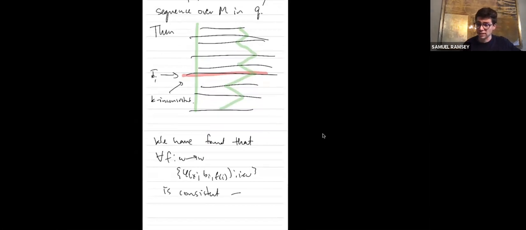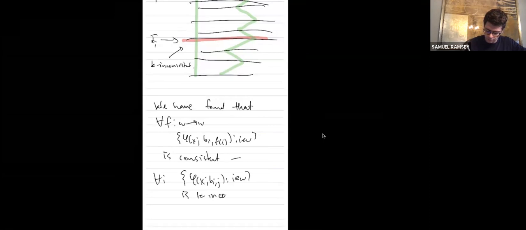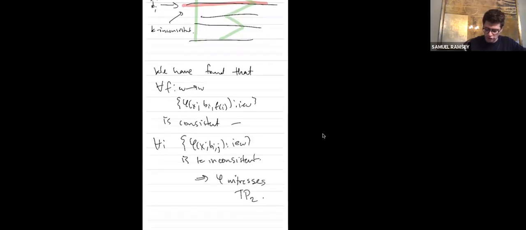That follows from the fact that the all zeros column is consistent because it's a Morley sequence in a global invariant type. And we've found that for every i, phi(x, b_{i,j}), j less than omega, is k inconsistent. And lo and behold, that implies that phi witnesses TP2, a contradiction.